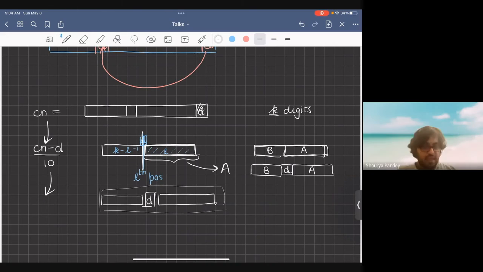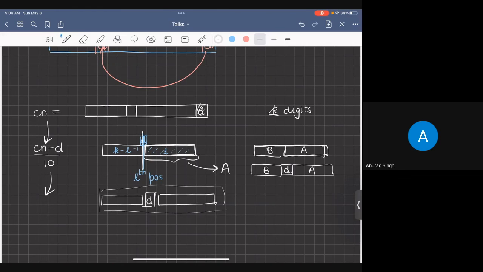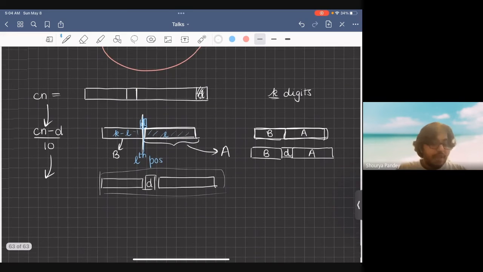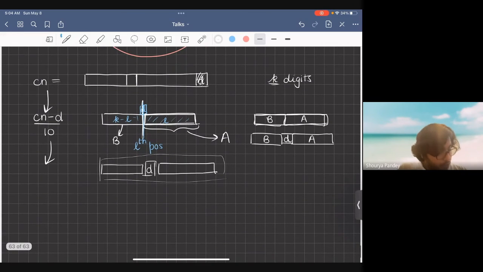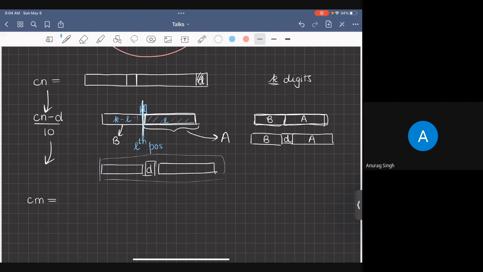We will have Cm equal to A plus 10 to the L minus 1 into d.